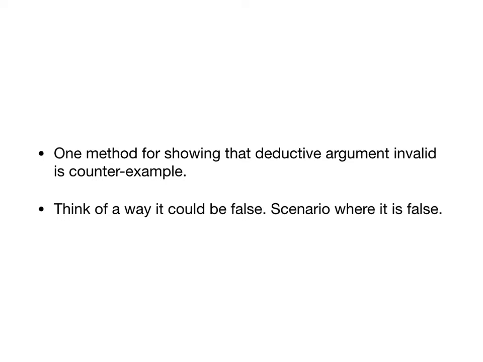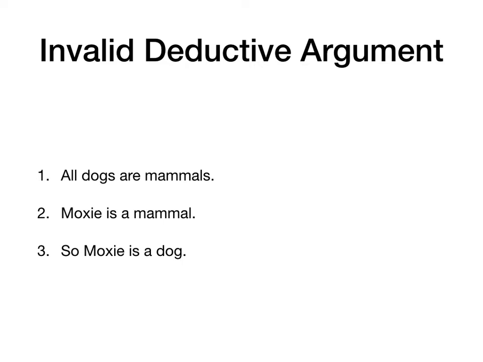Any situation you can think of where the premises are true and the conclusion is false shows it's not a valid argument, because remember, if the argument is valid, it is impossible for the premises to be true and the conclusion false. So here's an invalid deductive argument, and we'll use this method of counterexample to see why it's invalid. All dogs are mammals. Moxie is a mammal, so Moxie is a dog.